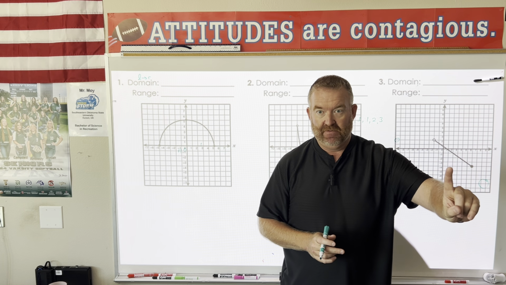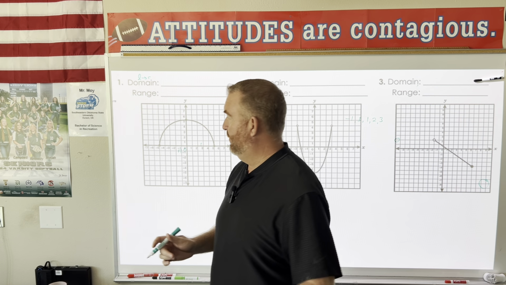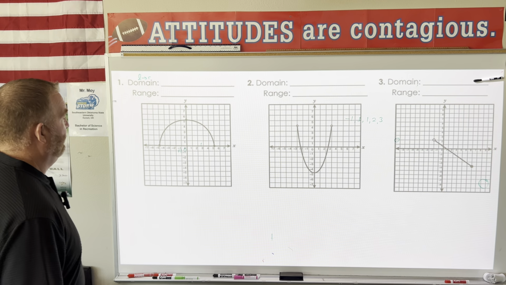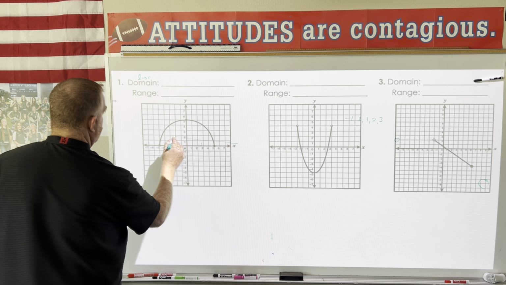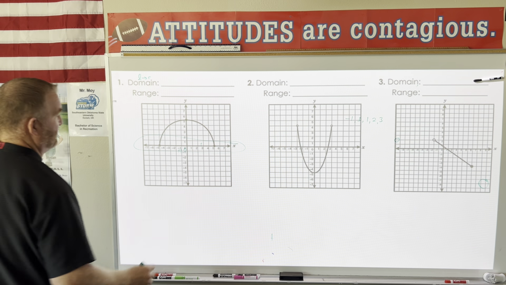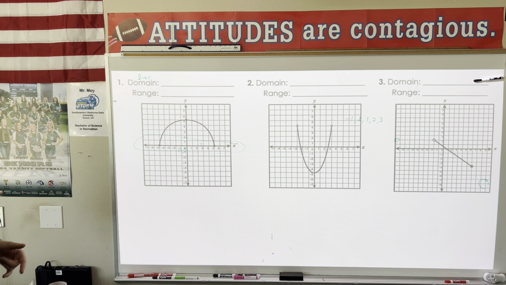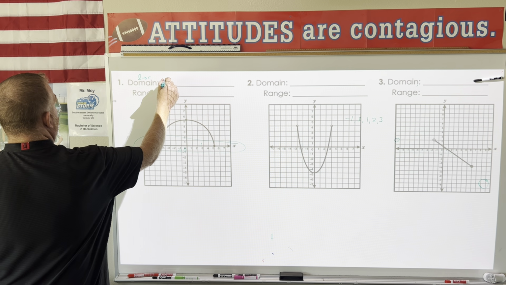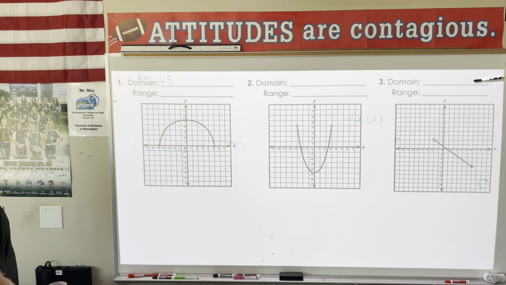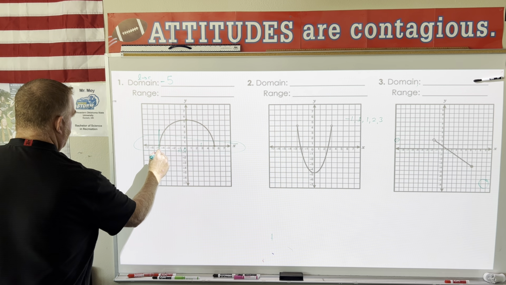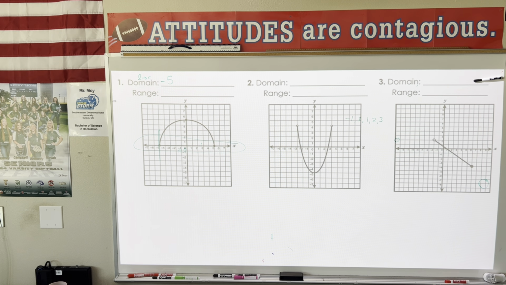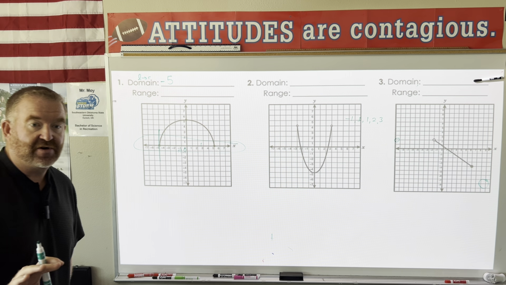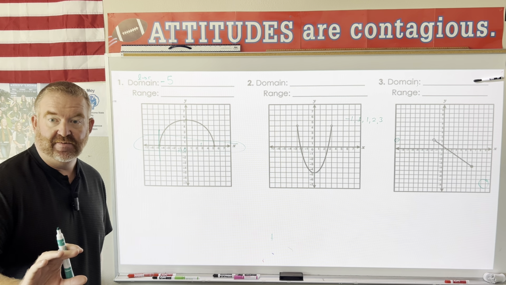Is everybody with me? All right, so here we go. What's the furthest? My x value, because domain is x. How far left is my graph? -5. Everybody with me? That's the farthest left of that graph. Is everybody okay? Please nod and tell me that you're getting this.